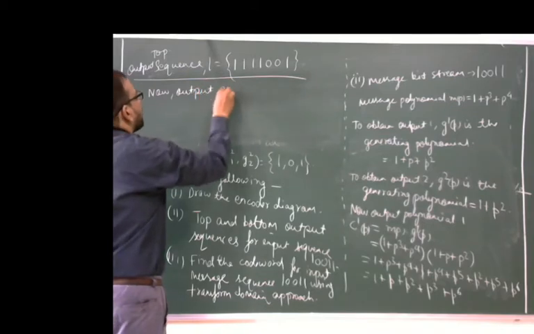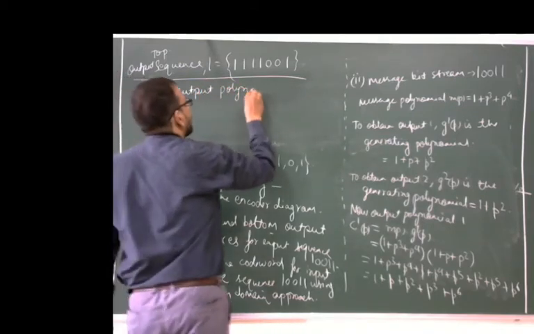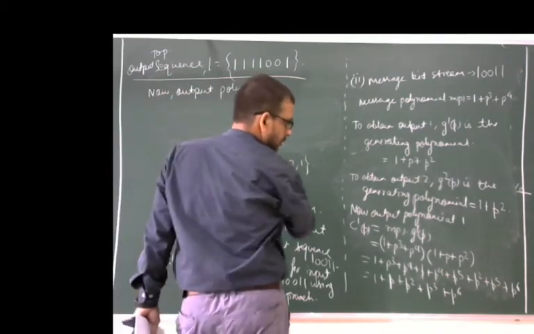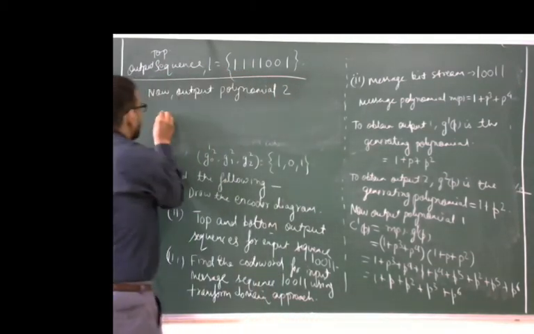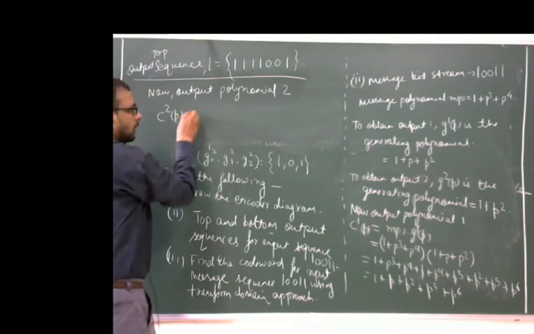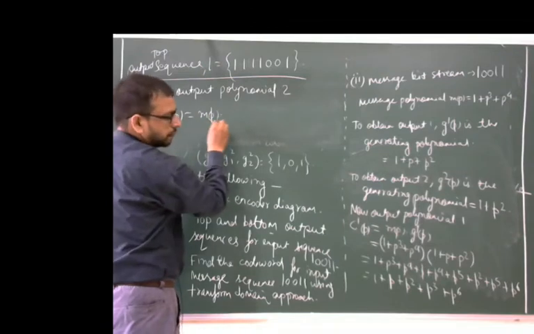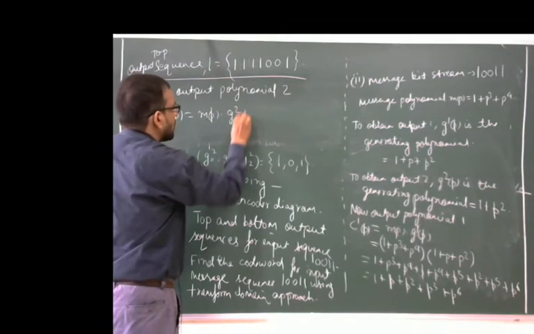Now output polynomial 2, that is C2P is equal to MP into G2P.